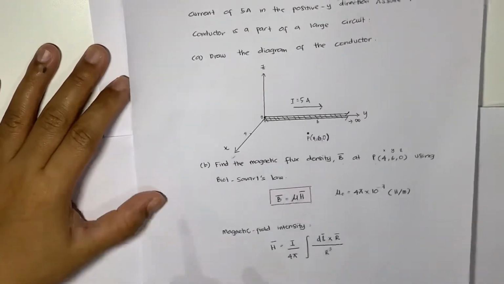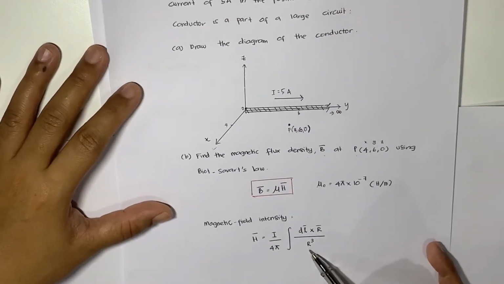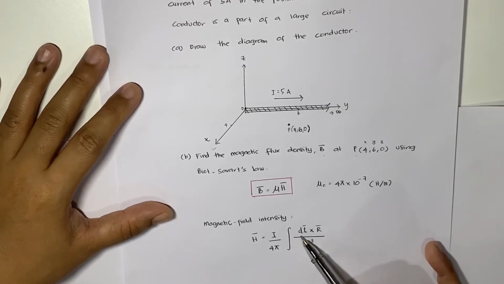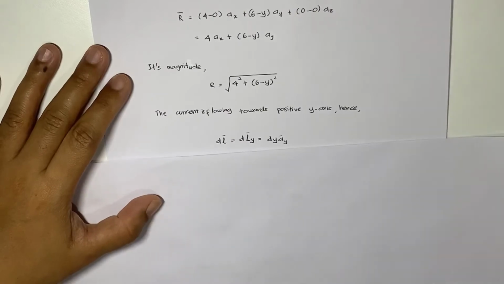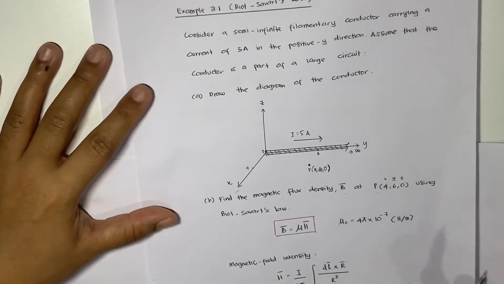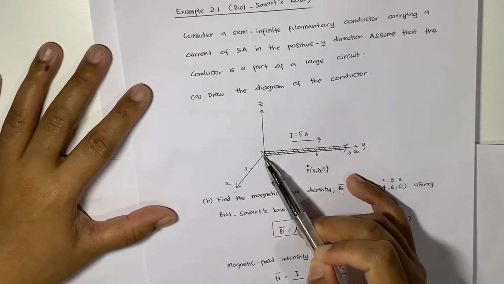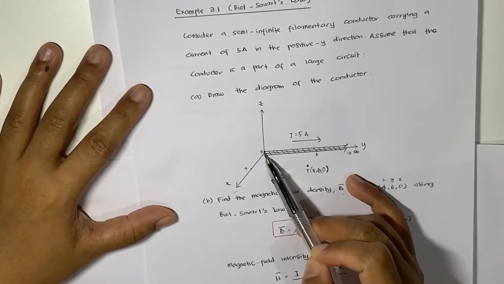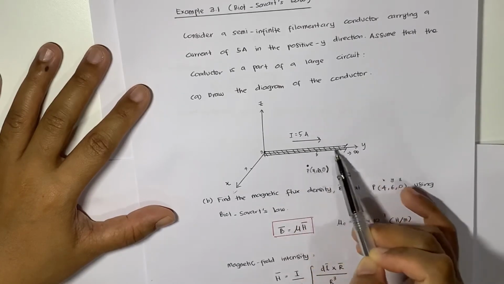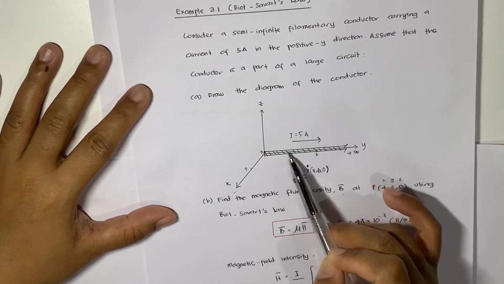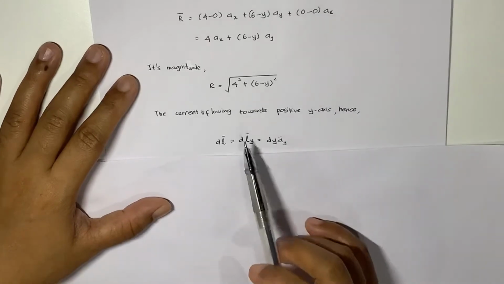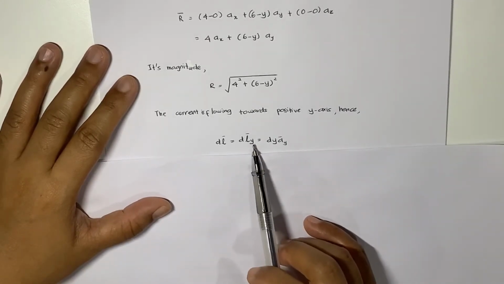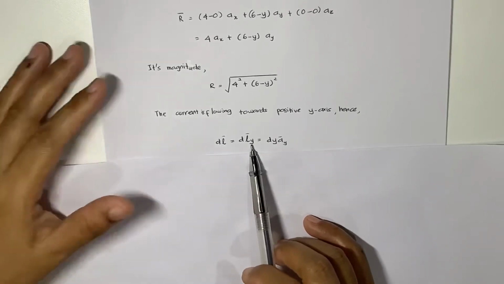Now you already have R, and then find dl. We know that dl is the differential length of the conductor. The conductor is along the y-axis, so we consider it as dl_y.